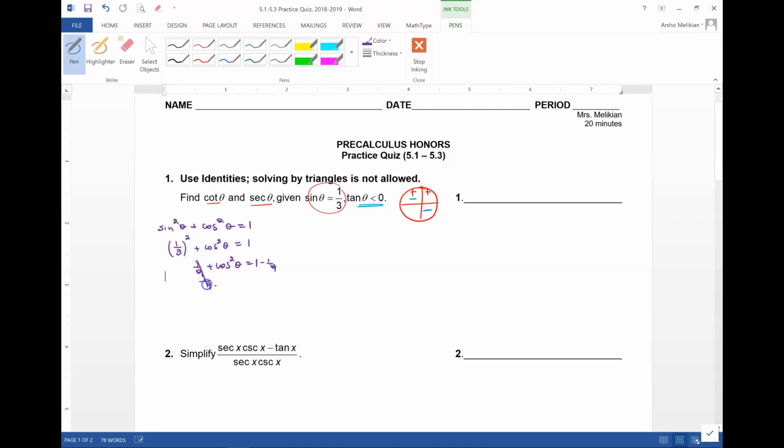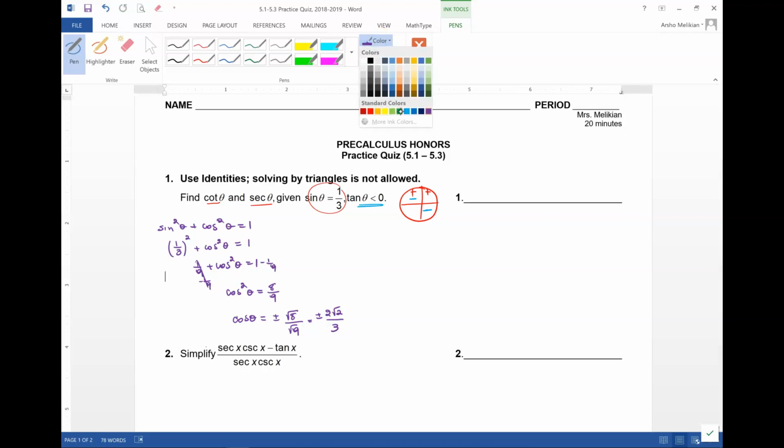Subtract 1 over 9. Cosine squared theta is 8 over 9. Take a square root. Cosine of theta is plus or minus the square root of 8 over the square root of 9, which is plus or minus 2 root 2 over 3.